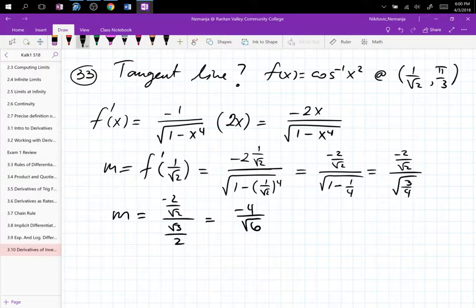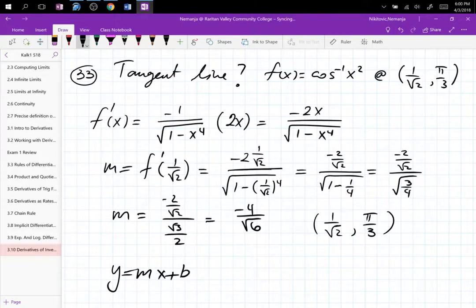And you also have a point of 1 over root 2 and pi over 3. So plug everything in the formula. So y equals mx plus b. Y is equal to pi over 3. M is equal to -4 over root 6. And x is equal to 1 over root 2, plus b.